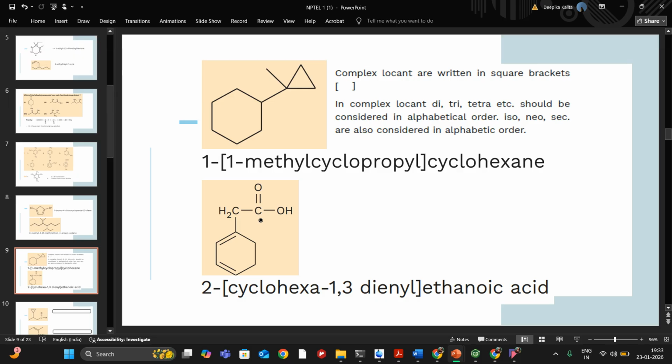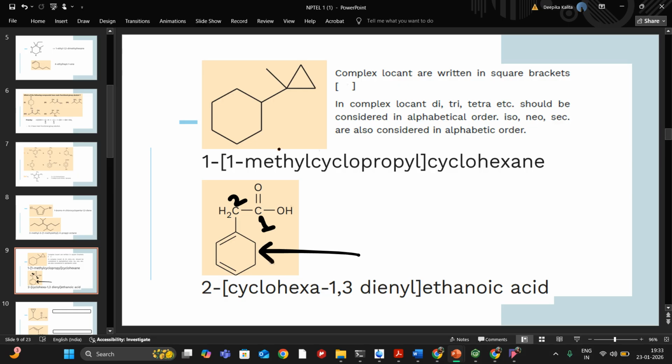As I have mentioned, this carbon atom will get priority number 1 and this carbon atom will get priority number 2. The parent carbon chain will have 2 carbon atoms where we have this particular substituent on the carbon number 2.